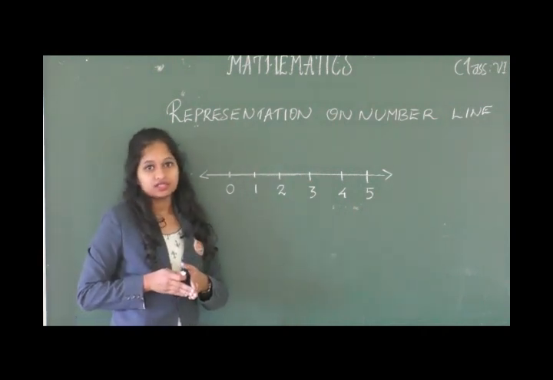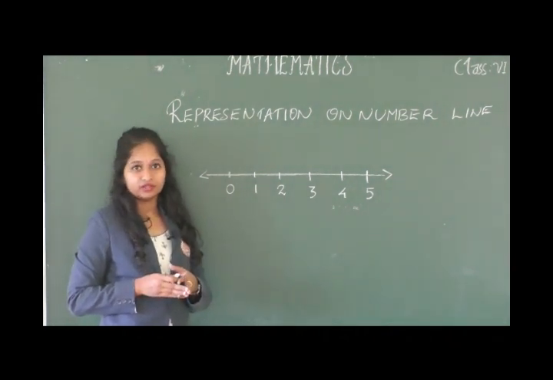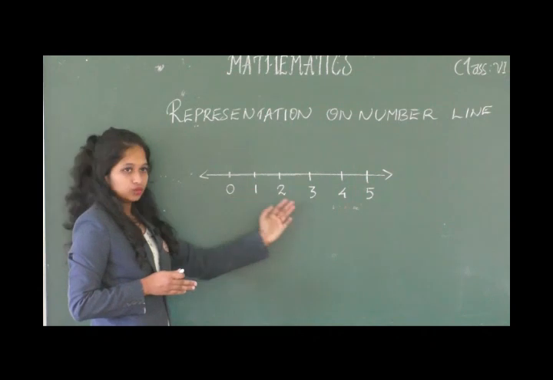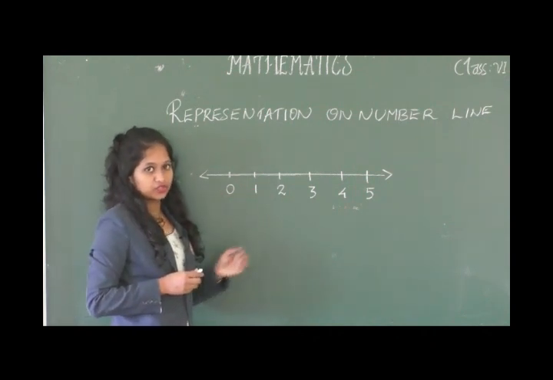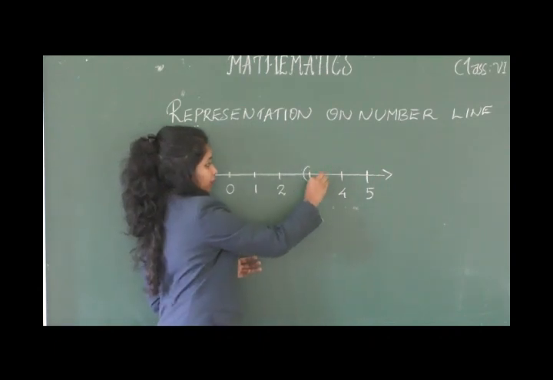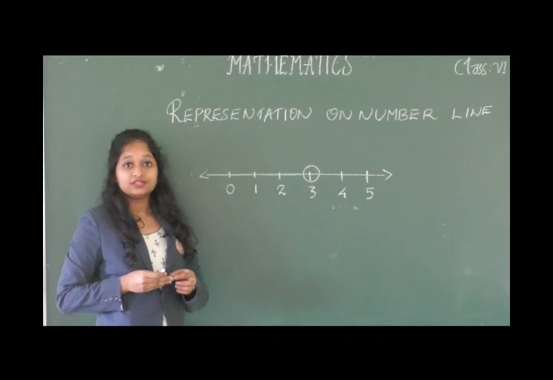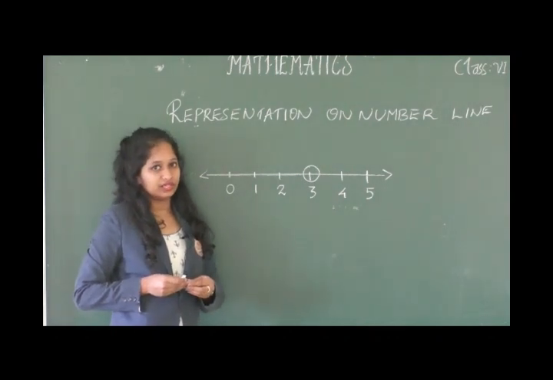So, if the question is to represent 3 on a number line, then draw a line, mark from 0 and see where 3 is and mark the point like this. This is how to represent 3 on a number line.